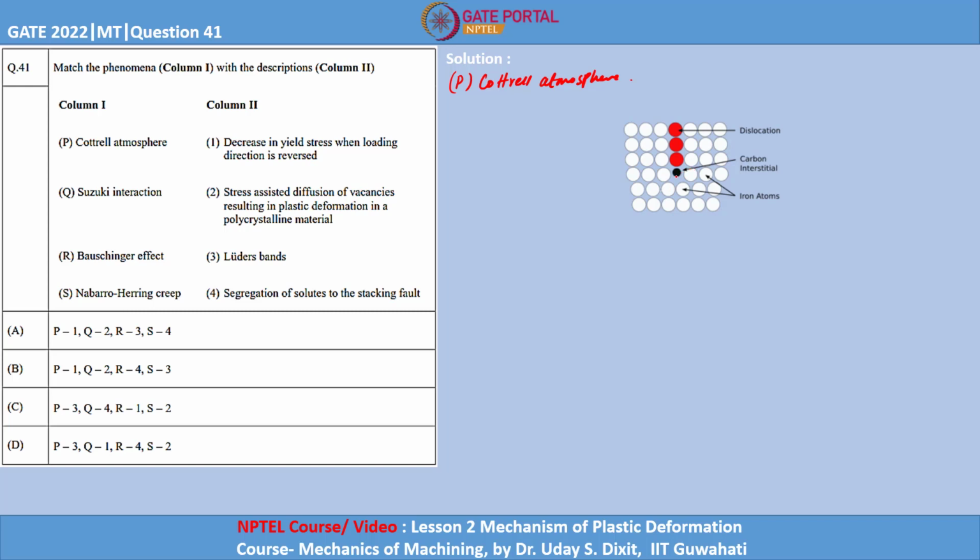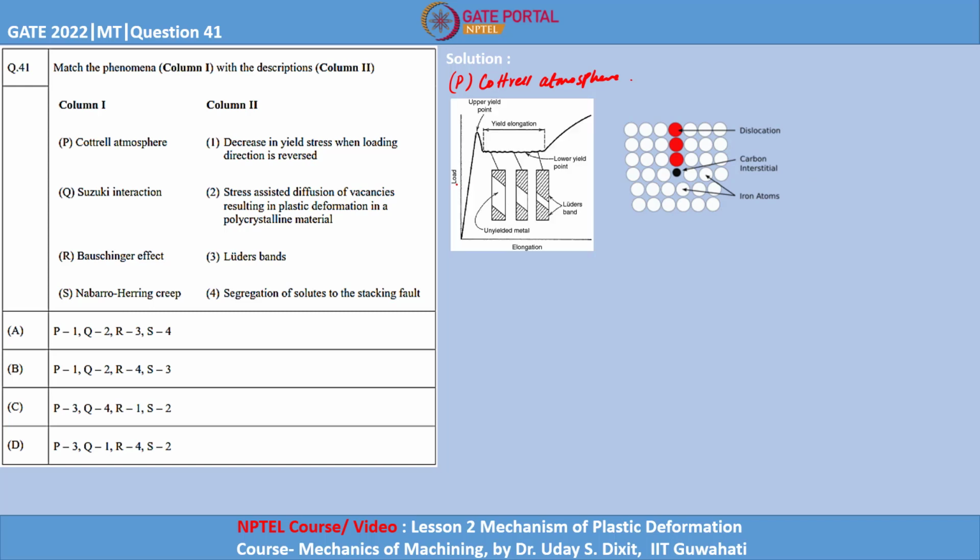When you apply stress, and if that stress is good enough to cause plastic deformation in your material, yielding will happen, and that yielding will have two values. One is the upper yield point, which is the highest yield stress value, and after that yielding will occur at constant stress, and then the stress will increase again as you deform the material more.